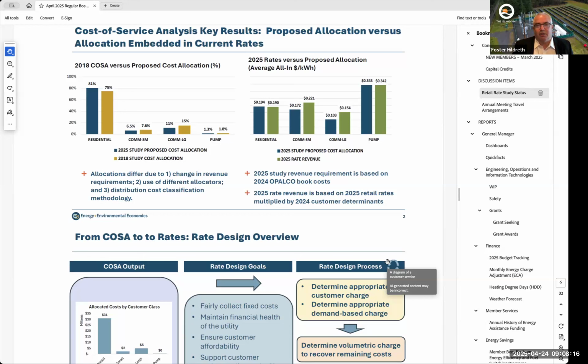Ari or Paul, do you want to take that, Ari? Yeah, glad to. And I think you were really getting at this, Foster, but it really is a common practice to differentiate customer classes based on common attributes among customers within a class. And those attributes could be customer size, customer demand, voltage level, whether they're taking single phase or 3-phase service.